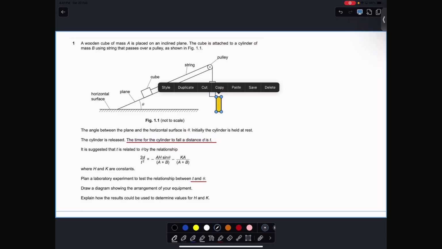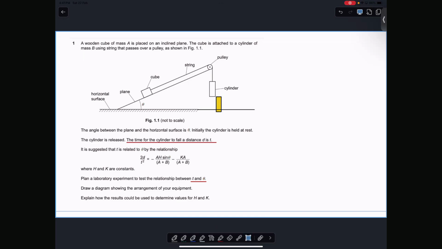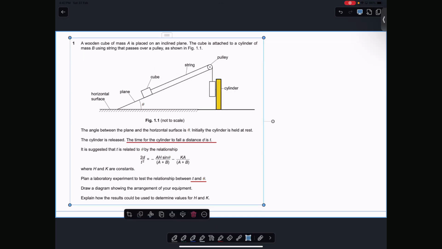Bottom. So it's the distance traveled by the cylinder. Yes. Okay. So d is the distance fallen by the cylinder. So it could be at a higher height. But from wherever you release, that's the distance d.